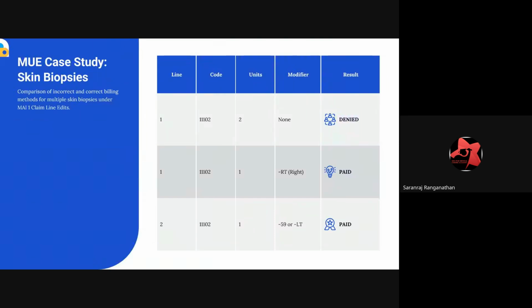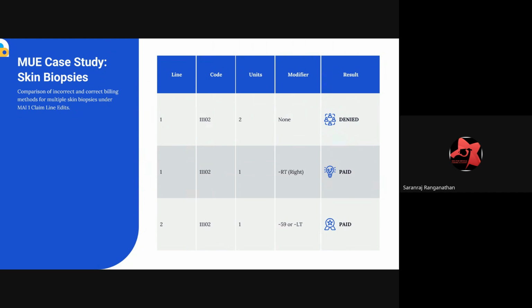Some of the case studies I have given here. We see code 11102. The units will be 2 times, modifier none, and it will be denied. If I'm coding 2 times without any modifier, definitely that will get denied. And if you use the indicator 1 there, which means I can override with the 59 modifier.